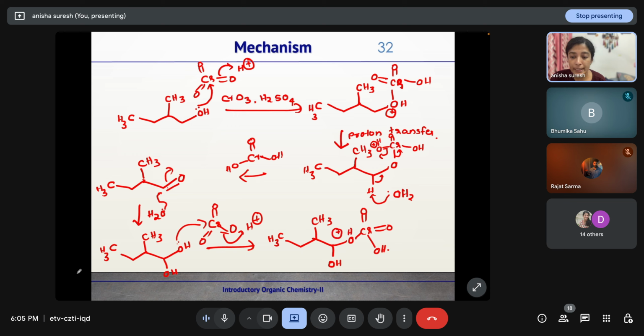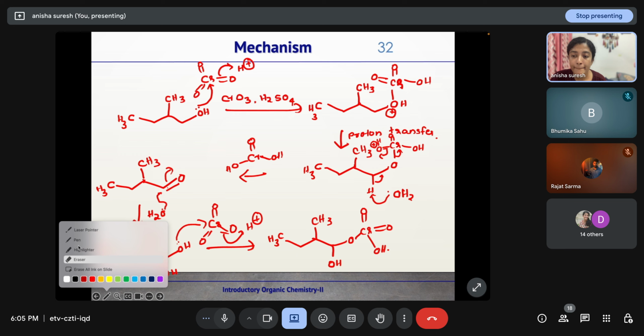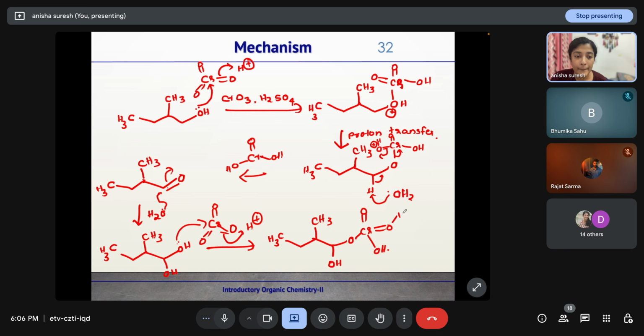Proton transfer will take place and it will lead to formation of this intermediate.